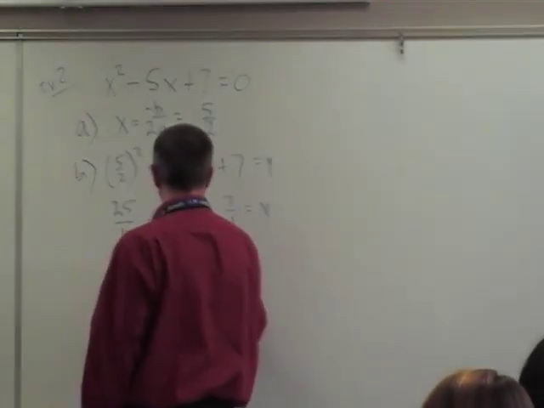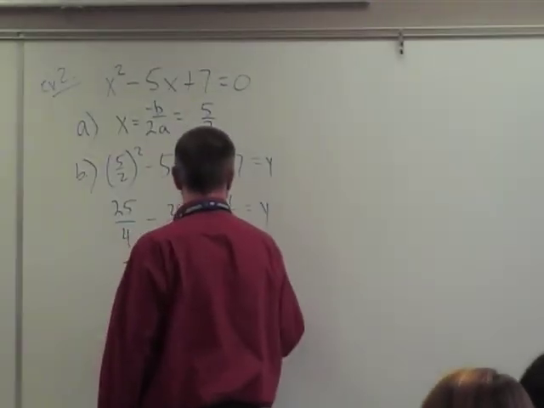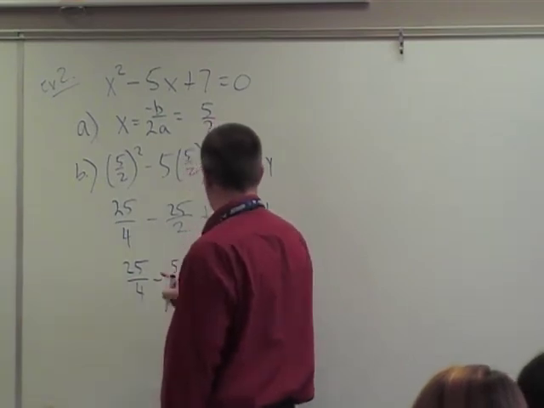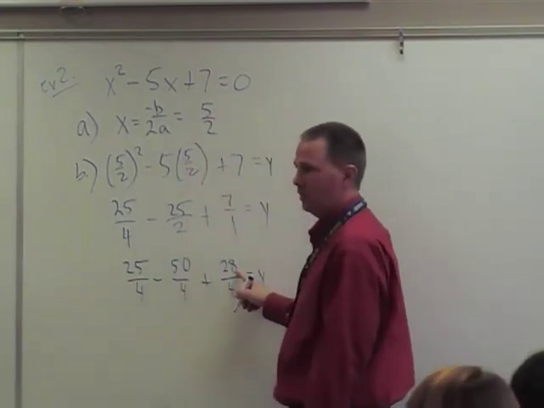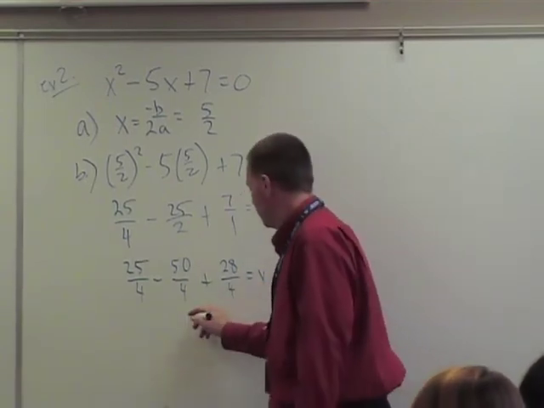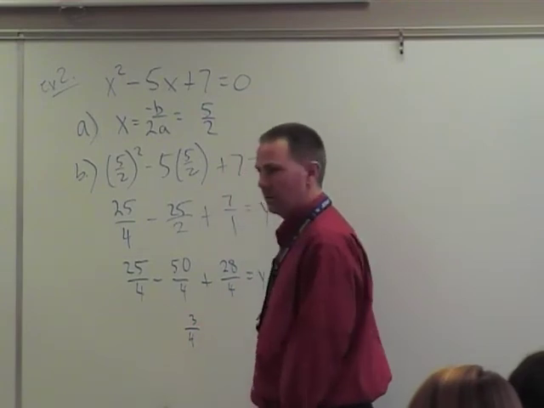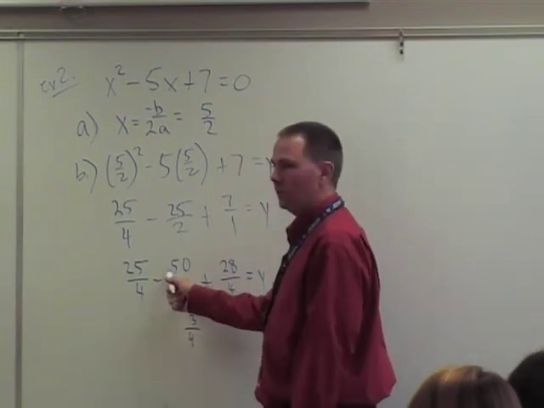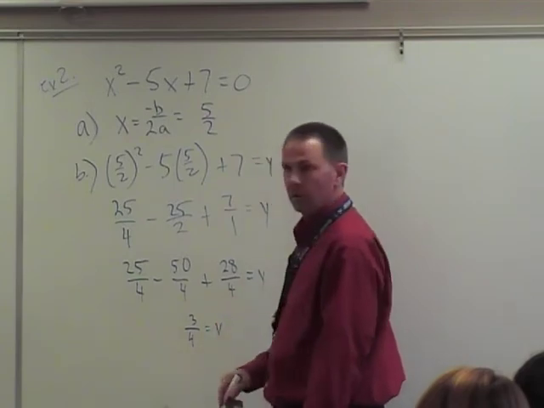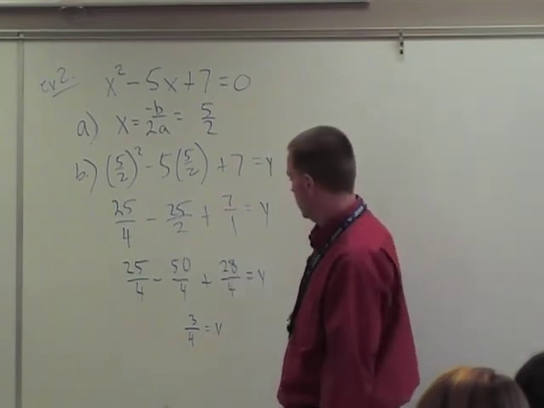I had 78 quarters, but I don't know how to sum these yet. Oh, wait, no. Negative 25 and 28. I had 50 and then I added 28 and I forgot to add the 25. This is a negative 25. That's a positive 28. Oh. I don't know what to do after that.